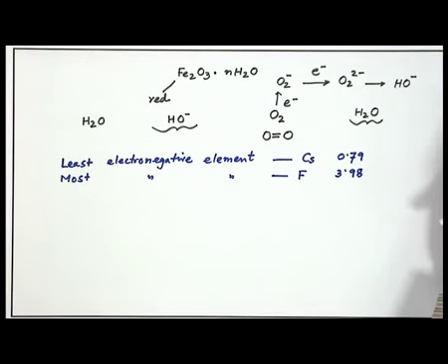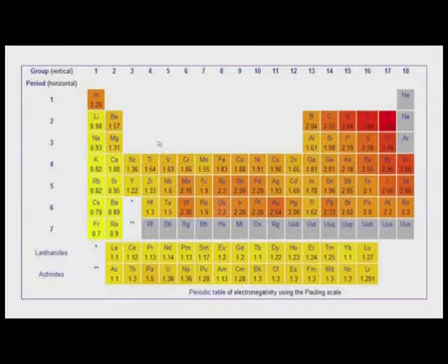So, this electropositive or less electronegative element will be oxidized very easily, and it can give rise to the corresponding electron transfer reaction, and that electron transfer reaction can be supported by the presence of the most electronegative elements on the upper right hand side of the periodic table, such as oxygen, which is 3.44, or fluorine, which is 3.98.